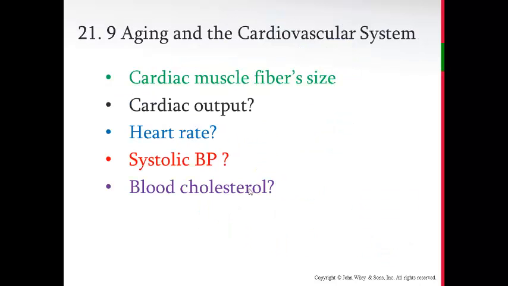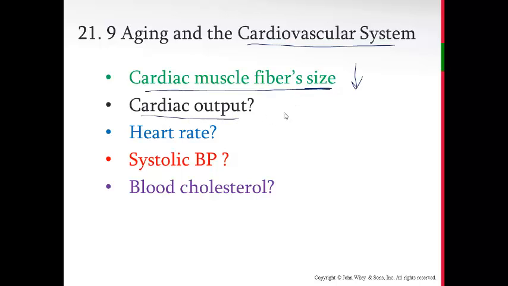As we age, as you probably notice, a lot of things change with our cardiovascular system. What do you think happens to the cardiac muscle fiber size? Would they be the same, doing much better, or probably weakening? The sizes are going to shrink, unless you're maintaining a very healthy diet as well as a healthy exercise regime.